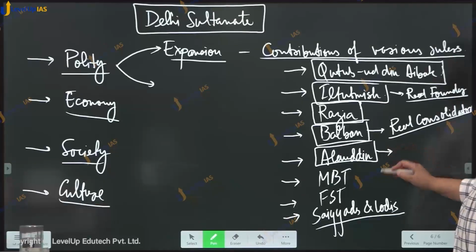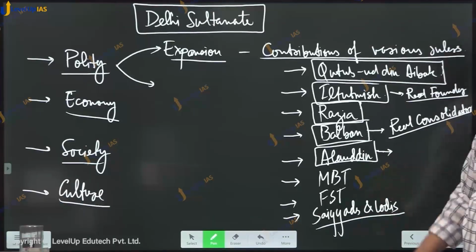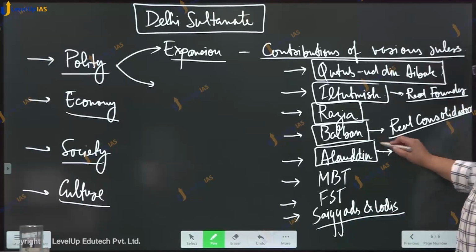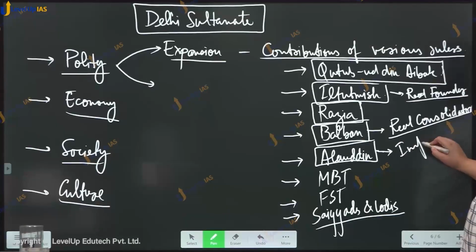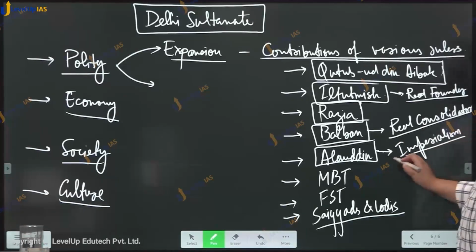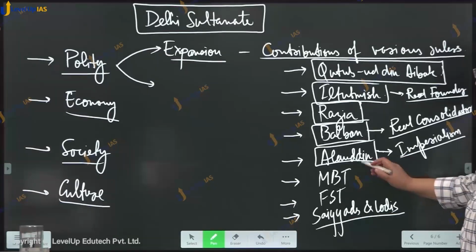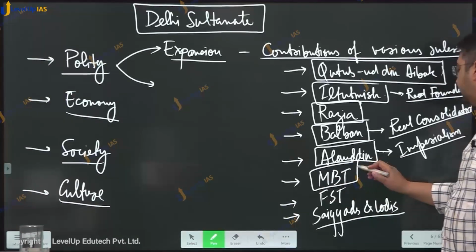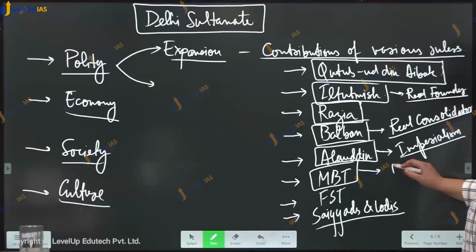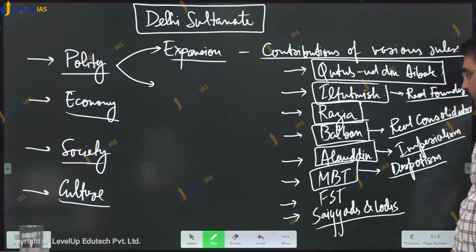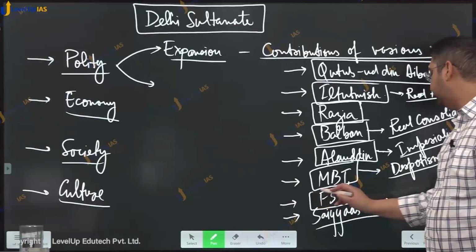Alauddin constructed the monument of Turkish imperialism in the subcontinent for the first time. Muhammad bin Tughlaq was known for his despotism, Tughlaq despotism.